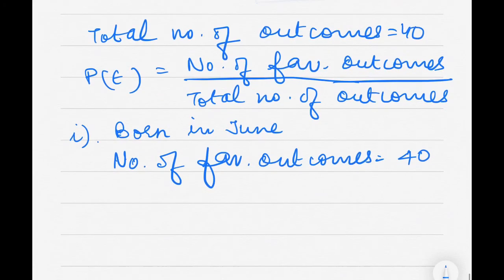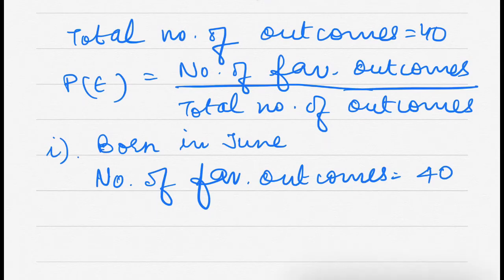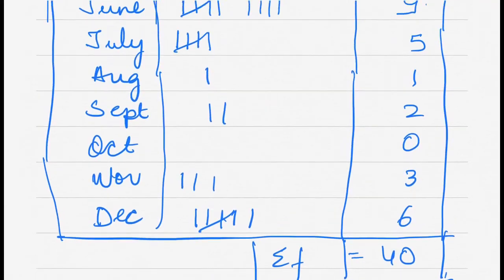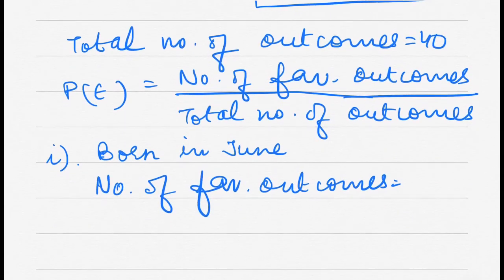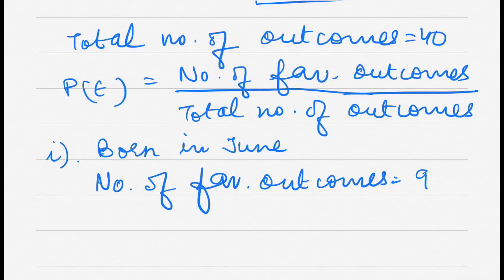So now we have to find the probability. The total outcomes are 40. The number of favorable outcomes are those born in June. So there are 9 students who are born in June. So the number of favorable outcomes is equal to 9.